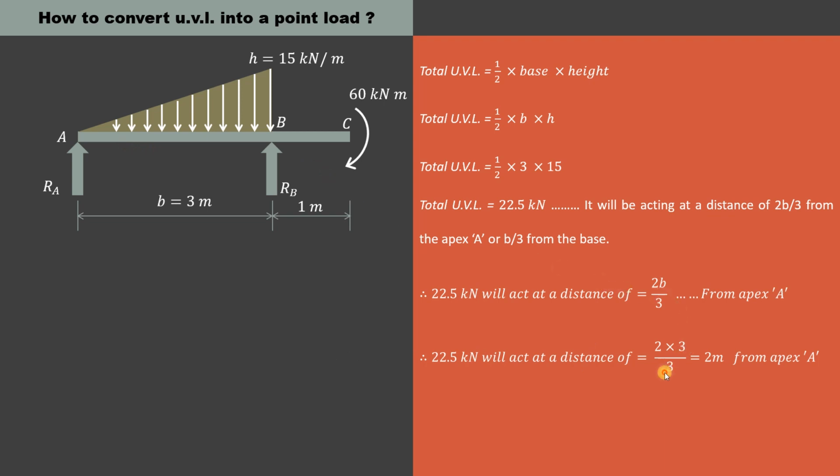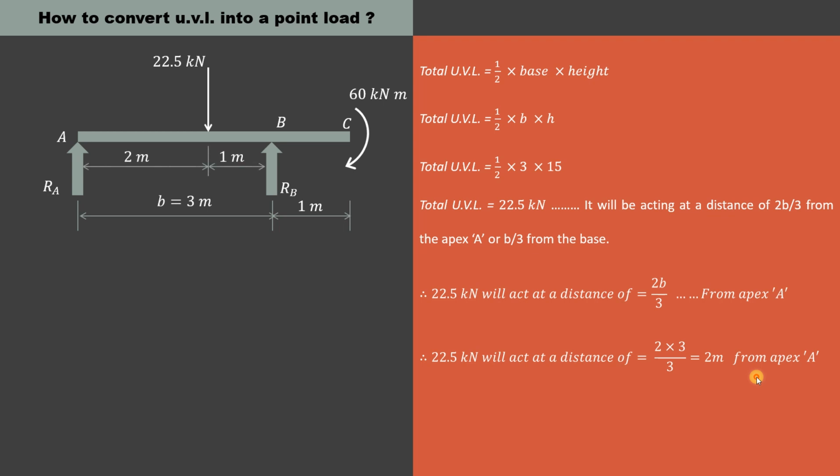So this 3 will get cancelled, and it will be acting at a distance of 2 meter from apex A. So we have converted this UVL into a point load acting at a distance of 2 meter. If this is 2 meter, naturally this will be 3 minus 2, that is 1 meter. So now we have converted uniformly varying load into a point load.